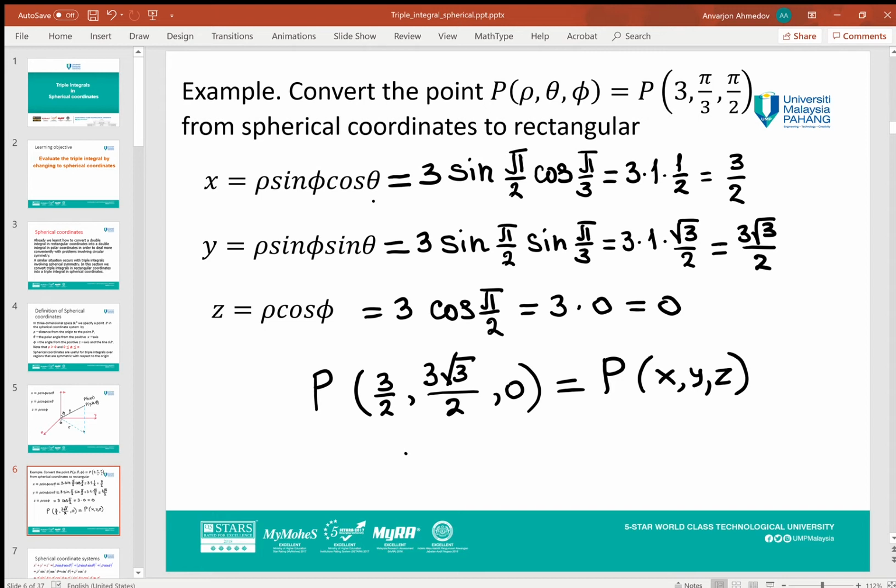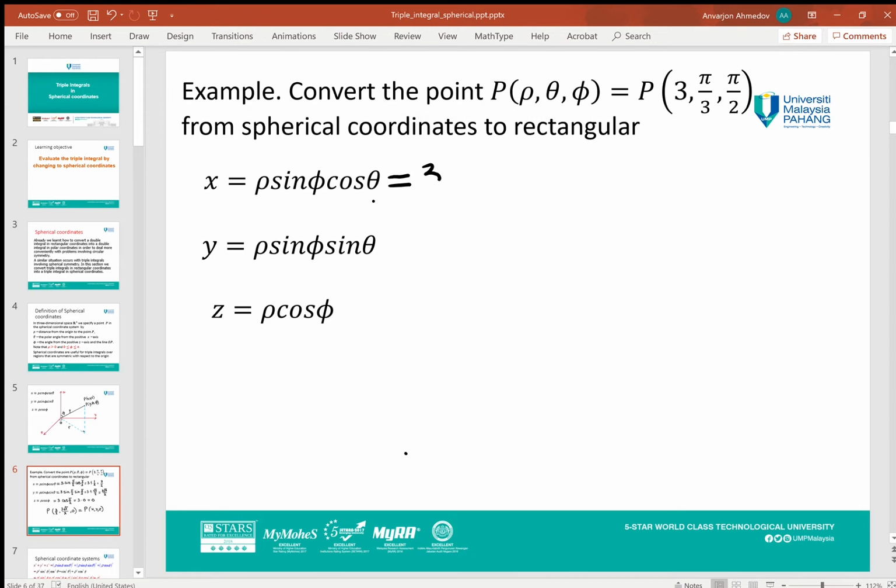We just replace rho, phi, theta in the formula by the values given in the problem. By calculation, the x value will be 3 sine pi over 2 cosine pi over 3, which is 3 times 1 times 1 over 2, so 3 over 2.